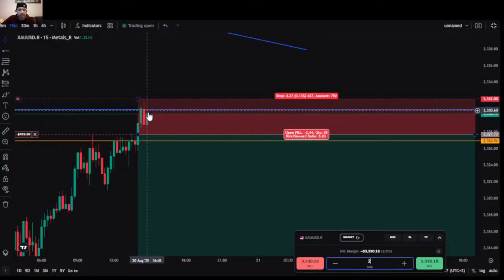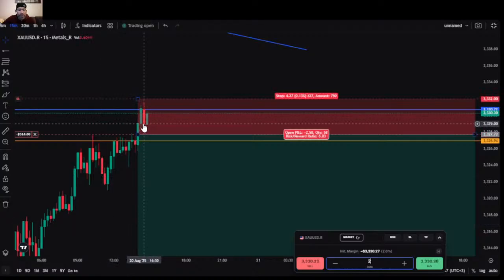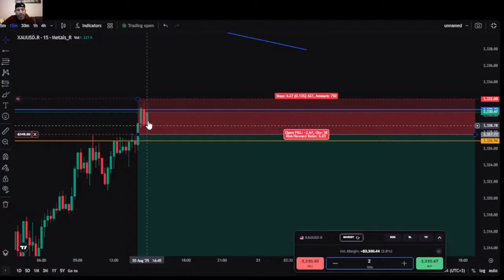It's still respecting this resistance level right here. Yeah, that no bottom wick here was not good, but then this candle opened with no bottom wick, so it should come back down and make one.